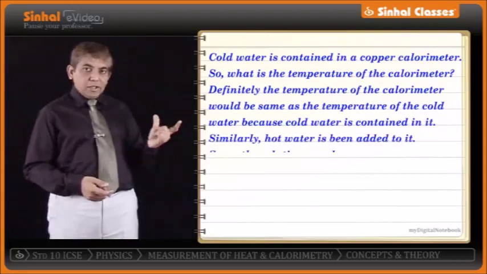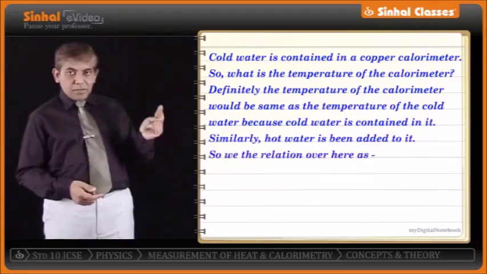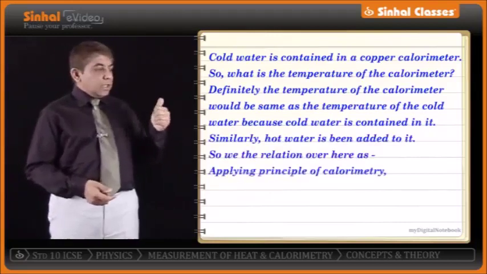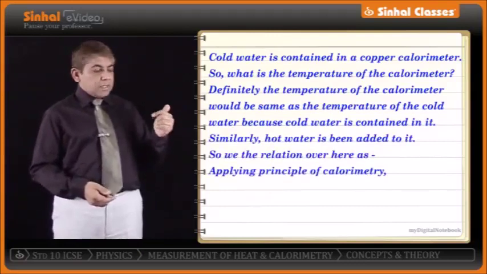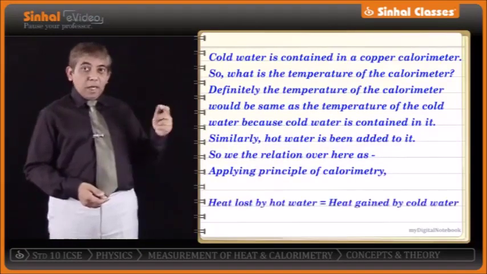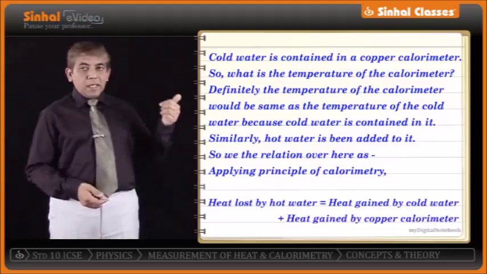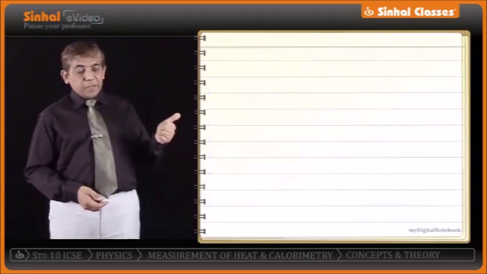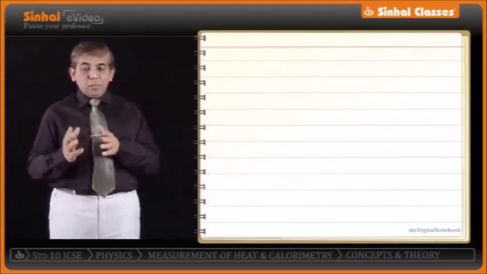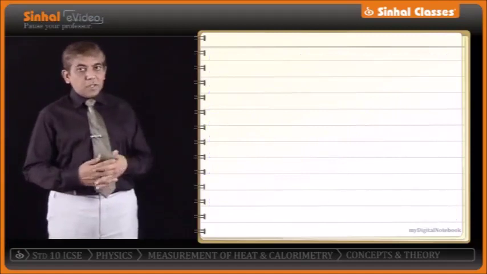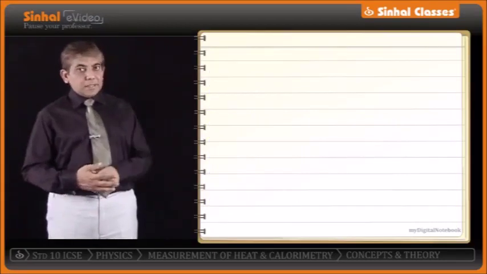So we have the relation over here, applying the principle of calorimetry: heat lost by hot water is equal to heat gained by cold water plus heat gained by copper calorimeter. Why? Because the copper calorimeter will take part in the heat transfer, it being a conducting substance.